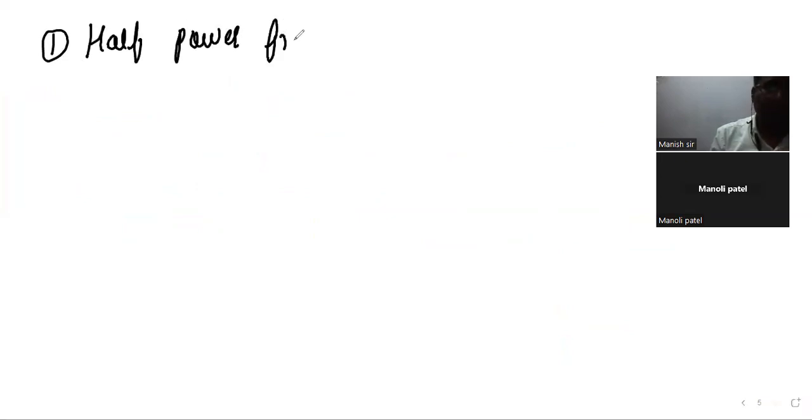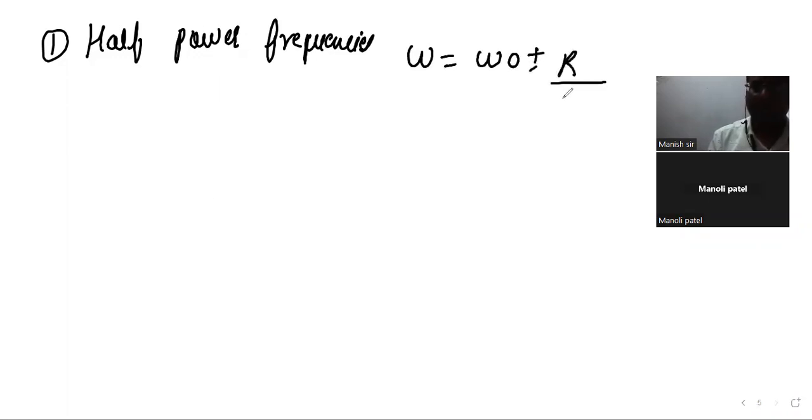So half power frequencies are given by the formula omega is equal to omega naught plus minus of R upon 2L. Right.